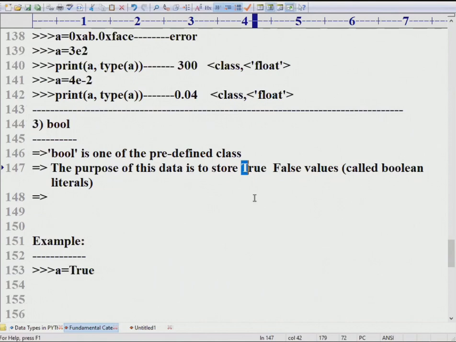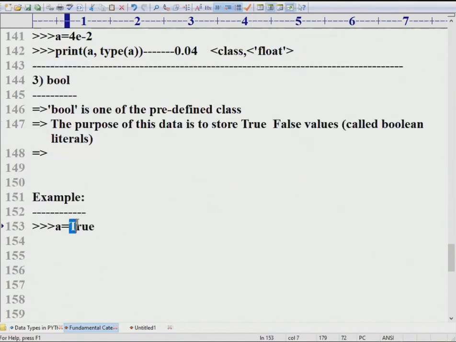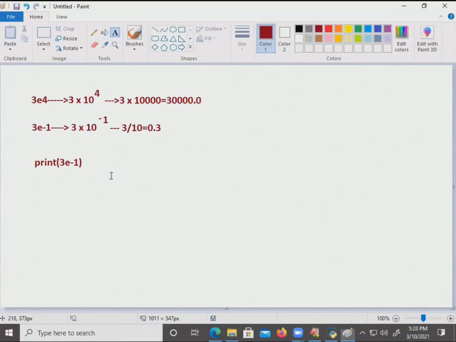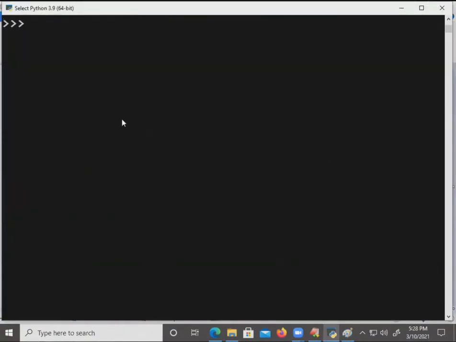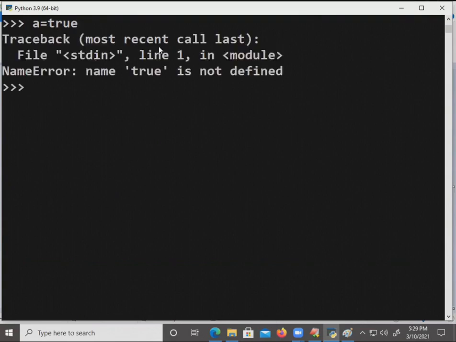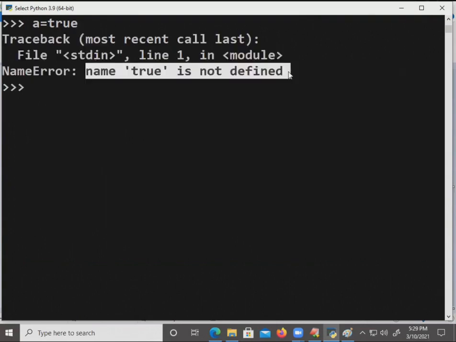In other languages small t is used, but in Python we use capital T. If you use true by mistake, it is treated as an identifier with no value, so it gives an error: name 'true' is not defined.